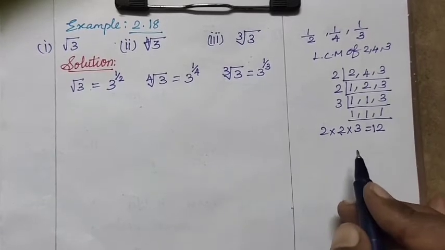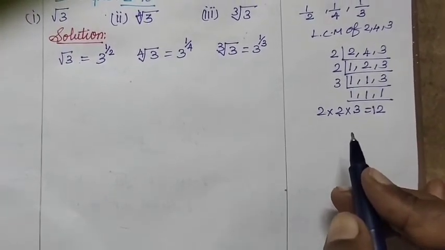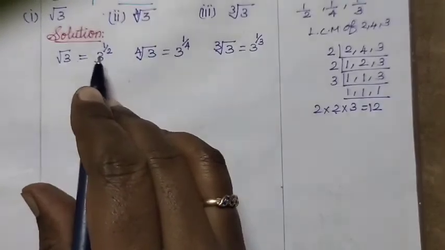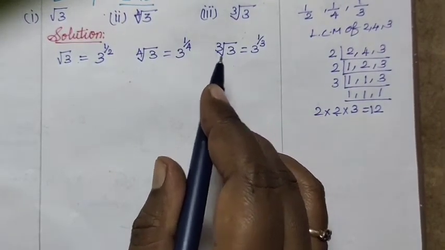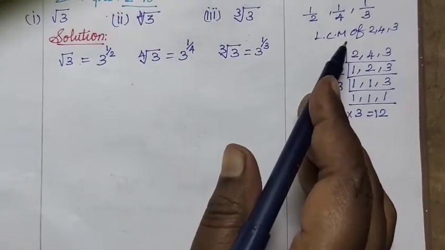Then you have to find the correct values using this LCM. You have to convert these different order surds into same order surds. For that we have to use this LCM value.